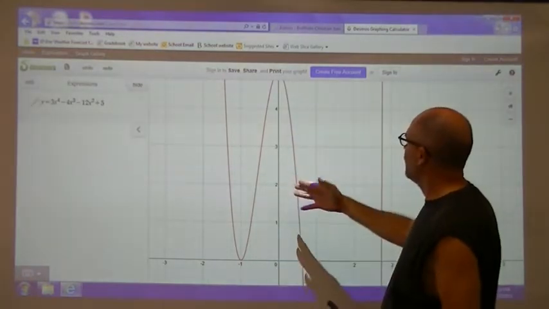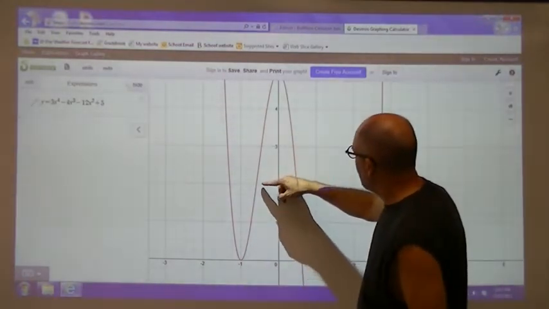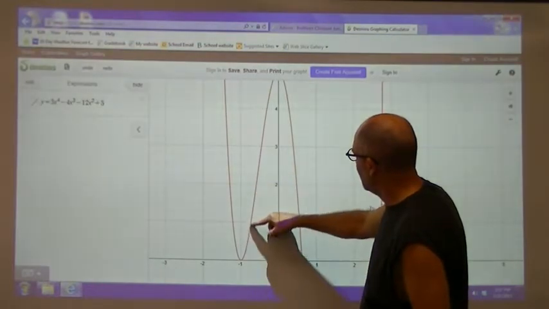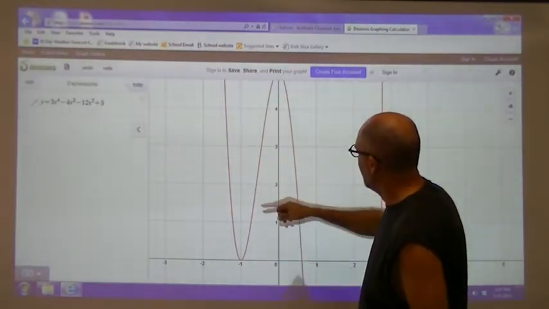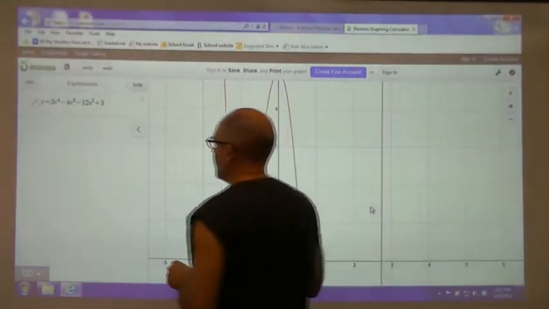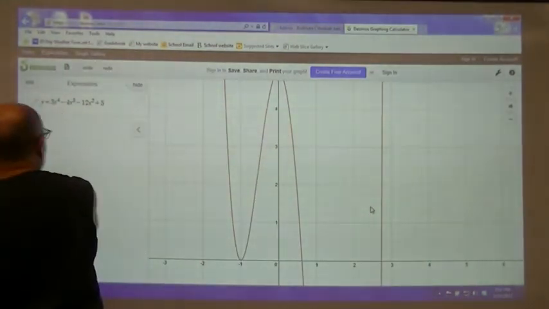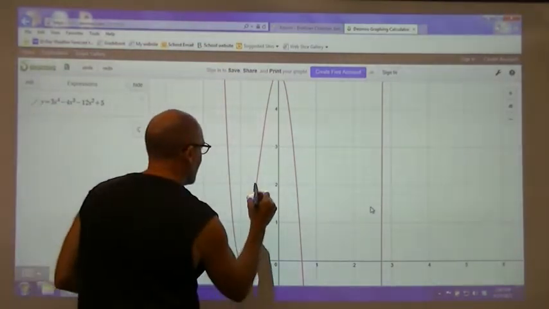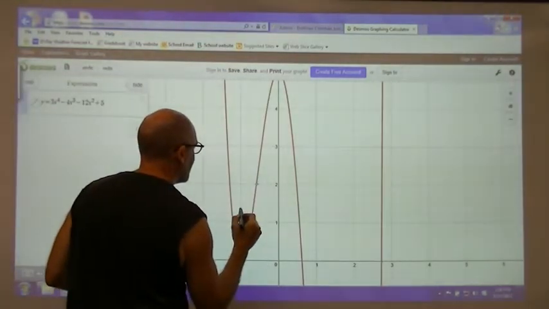Okay, you decide for yourself. I'm guessing it stops getting steeper right about here. It's getting steeper and steeper. Right about here, it stops getting steeper. Now let's see how close I came.